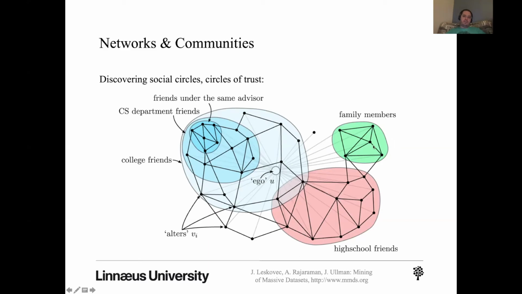It's quite probable that they are also connected among themselves. If you have your mother, your sister, your uncle, they're probably also friends with each other. So they will form little communities. Let's say we focus on you. That's why it says your ego. You're the center of this specific network, and we extracted all of your friends from Facebook and the possible connections between them.